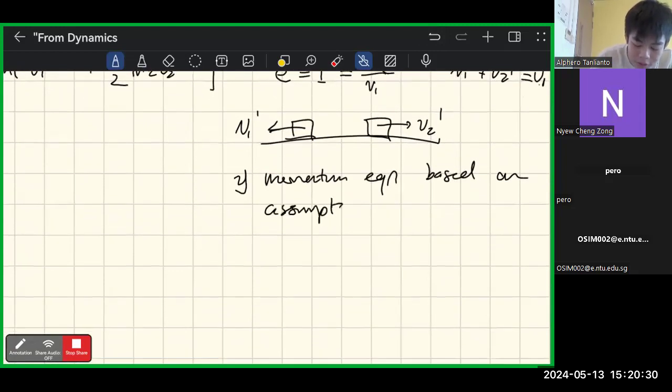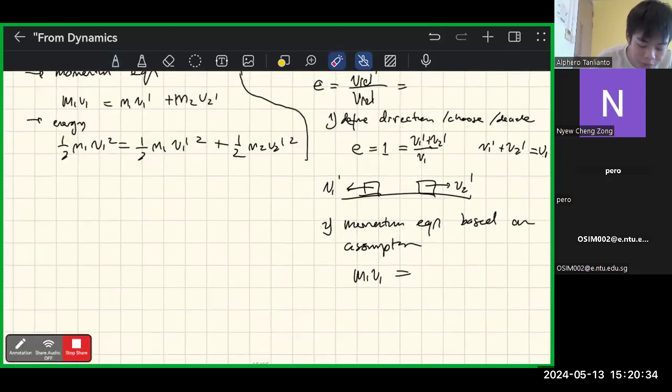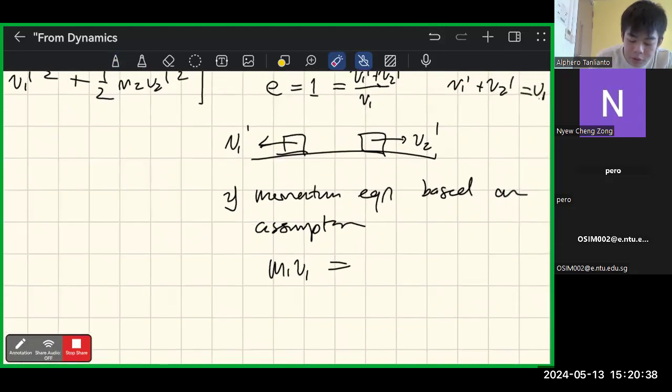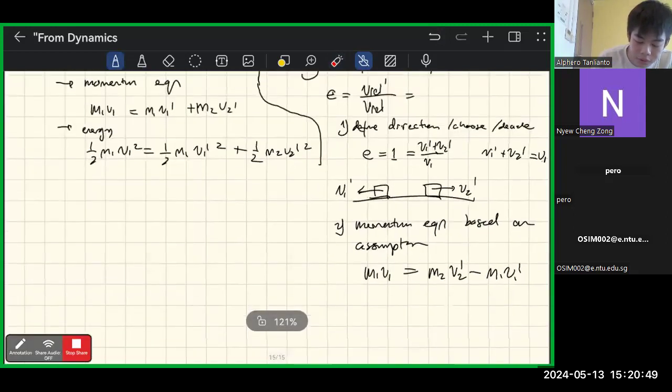At first it's m1 v1, the initial momentum still moving to the right. But after the collision, m2 v2 is going to the right, so it's m2 v2 prime. But m1 v1 is going to the left, so it's negative m1 v1 prime, after the collision.